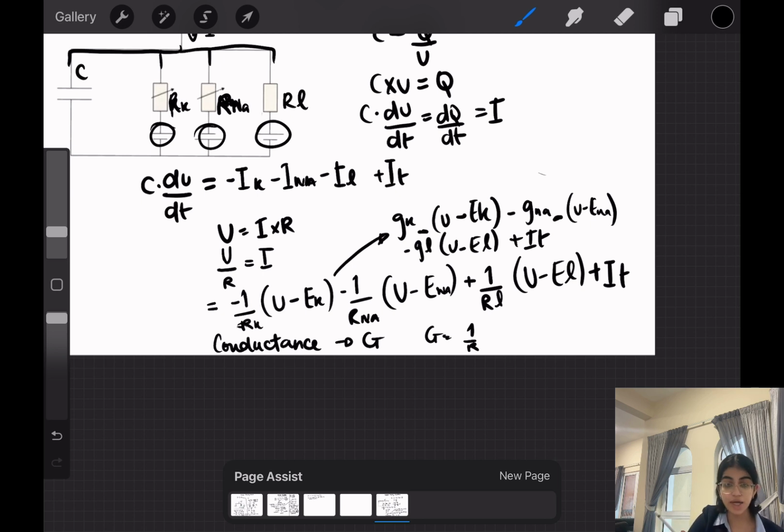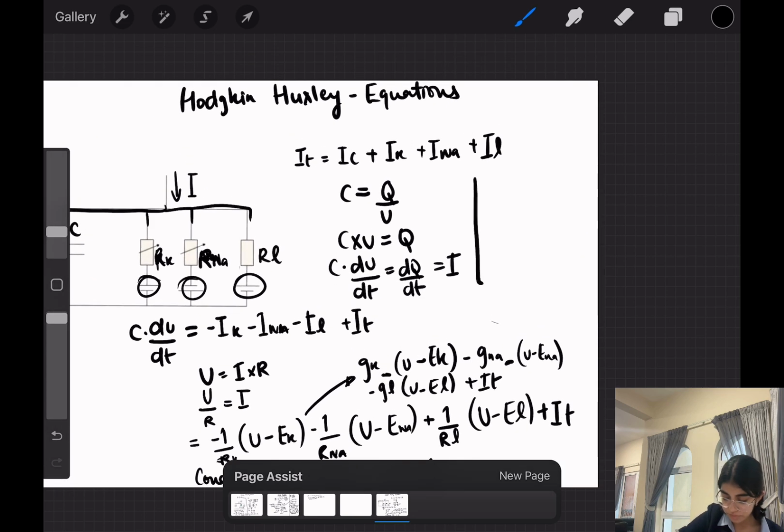Hodgkin and Huxley described a gating variable N, which describes the state of the gate. If N is 0, then ions cannot flow. If N is 1, then the ions can flow. So they found the description for the dynamics of these gating variables N, M, and H. For each of them, they write down an equation of the form dx by dt equals minus x minus x0 divided by tau.